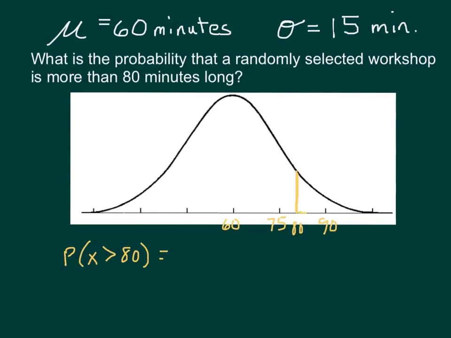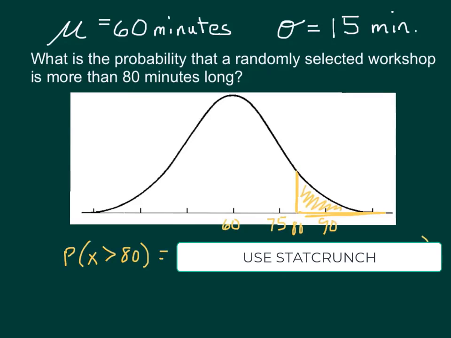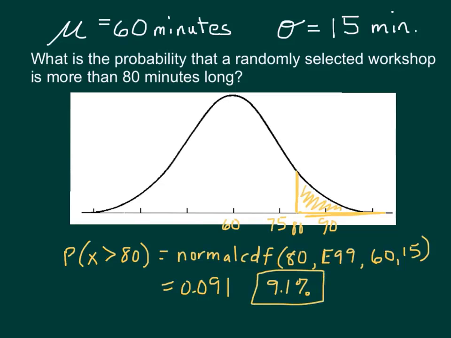And more than 80 would be everything to the right. So again, looking for that probability, and that probability comes out to 0.091. So there's a 9.1% chance that a workshop selected at random will be more than 80 minutes long.